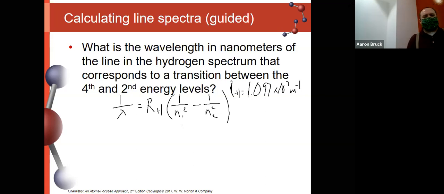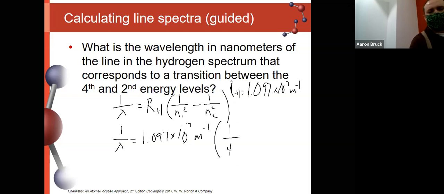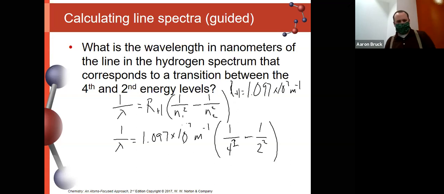So if I'm following an energy transition from the fourth to the second energy level, 1 over lambda is equal to 1.097 times 10 to the 7th reciprocal meters multiplied by 1 over 4 squared minus 1 over 2 squared. So pull out my calculator.